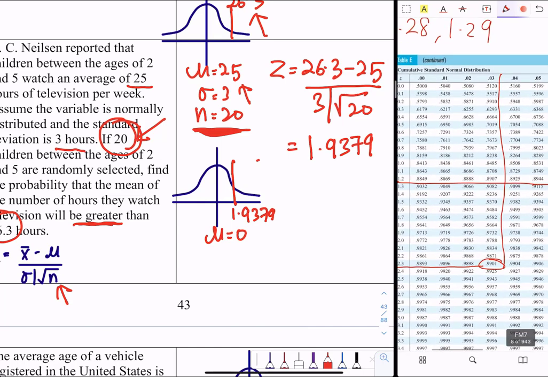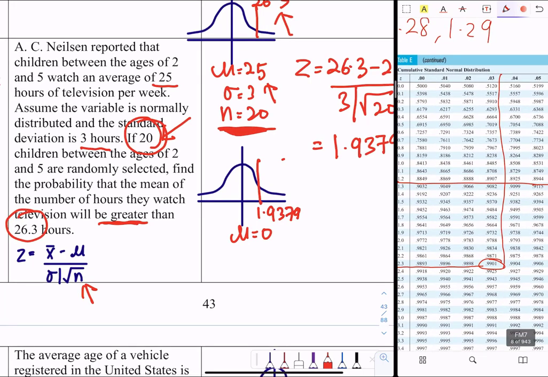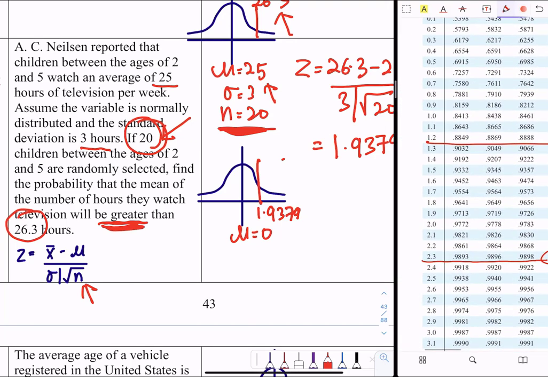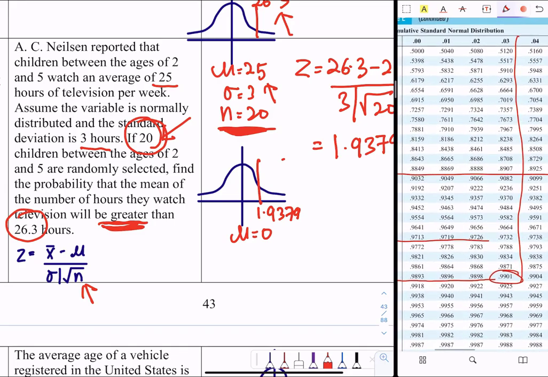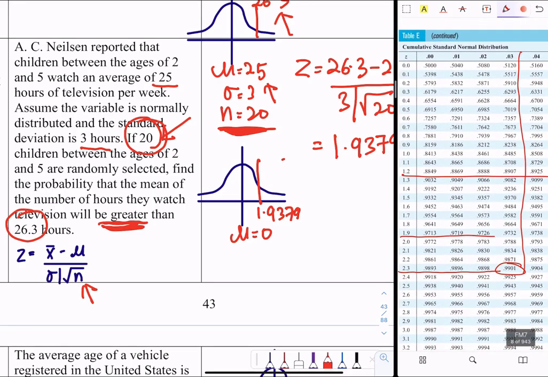Find the area, because they said greater than. Find the area for 1.93 or 1.94, it doesn't matter. The area here is 0.9732. Is it the area that we want or not?